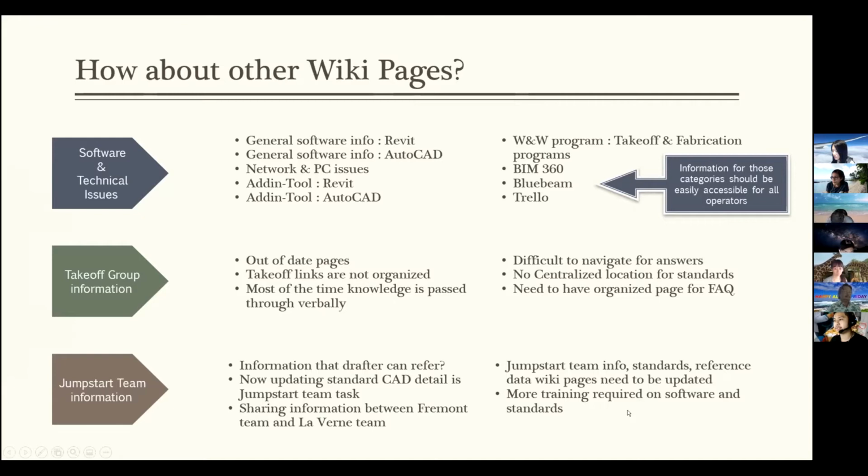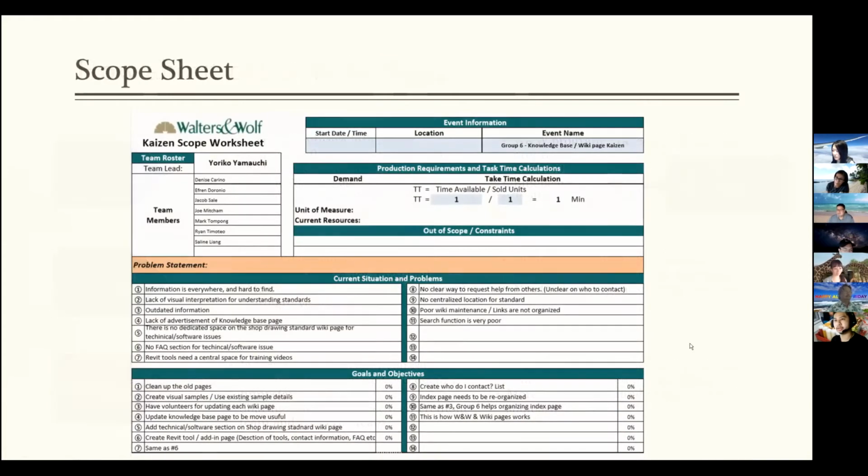So in conclusion, we don't really have any centralized location for standards. Most knowledge is passed through verbally, and we have poor maintenance on the wiki, therefore creating less wiki usage due to an unreliable source of information. And so with this said, we'll pass it down to Mark to dive deeper into our issues. And so after receiving the appropriate input and feedback from the rest of the team, this is what our scope sheet turned out to look like.